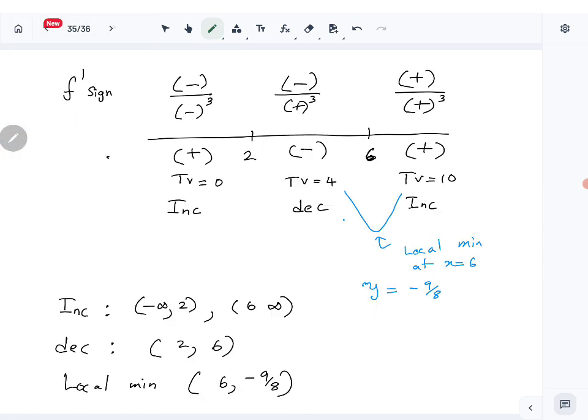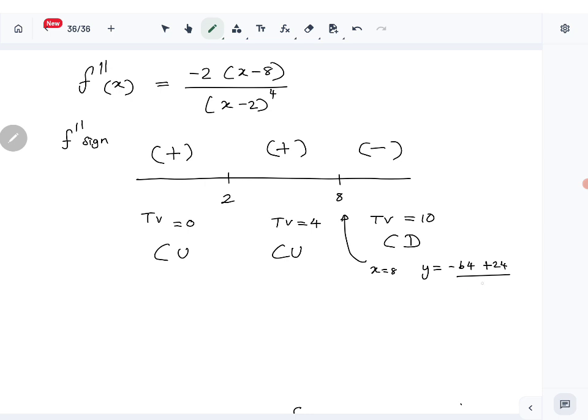X minus 2 squared. So 8 minus 2 squared is 6 squared, 36. So what do we have? Minus 40 over 36. Minus 10 over 9, right? Yes. So then concave up intervals are what?